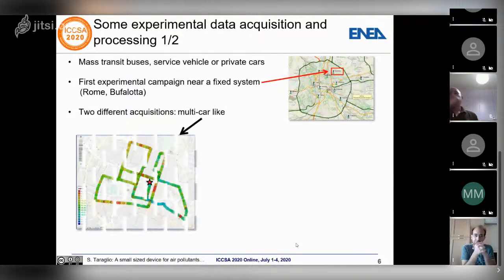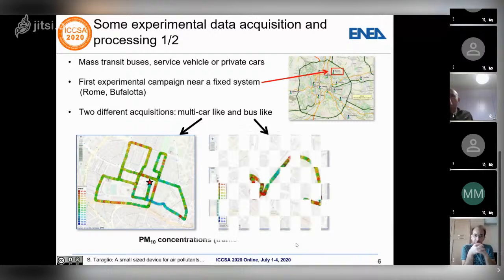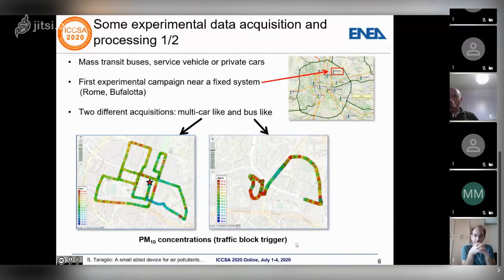So we have performed 2 different acquisitions, in order to simulate a multi-car path within the test area, and to simulate also the path of a public bus, a specific line of the public bus which serves this part of Rome.